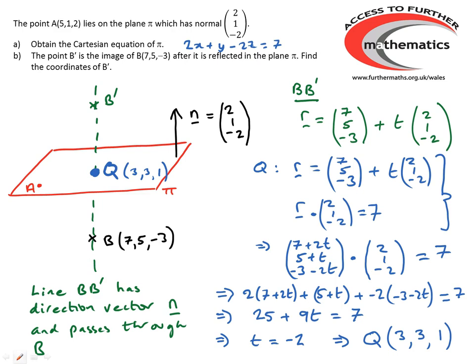So the y-coordinate of Q is 3. And the z-coordinate of Q is going to be minus 3 plus t times minus 2. So that's minus 3 plus minus 2 times minus 2. So that's minus 3 plus 4, which is 1. So the point Q has coordinates 3, 3, 1.